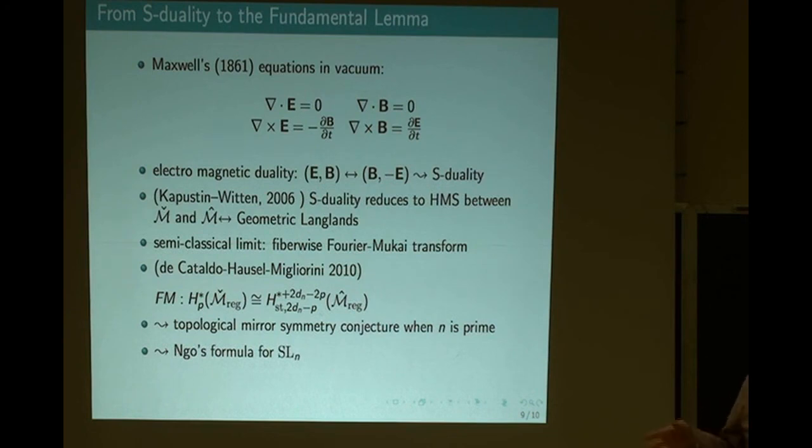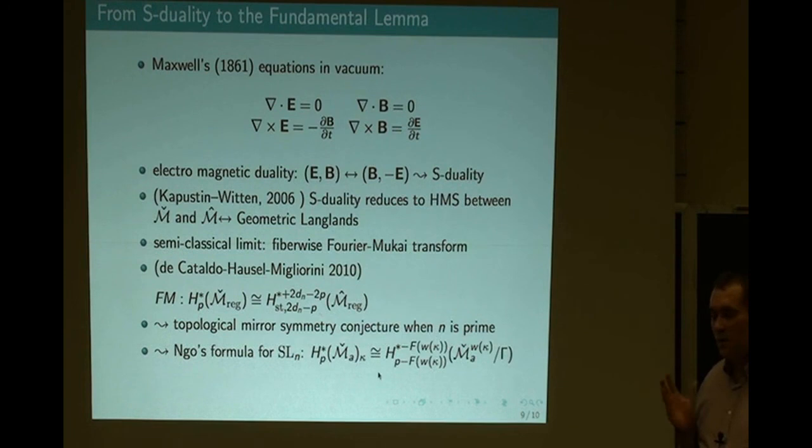Then the refined version of topological mirror symmetry will say that these will agree term by term. And the surprising thing is that this geometrical observation, when reduced to a fiber, is nothing but Ngô's main cohomological formula. In the case of SLn only, his work is much more general, but topological mirror symmetry in a refined version is explaining exactly his formula.